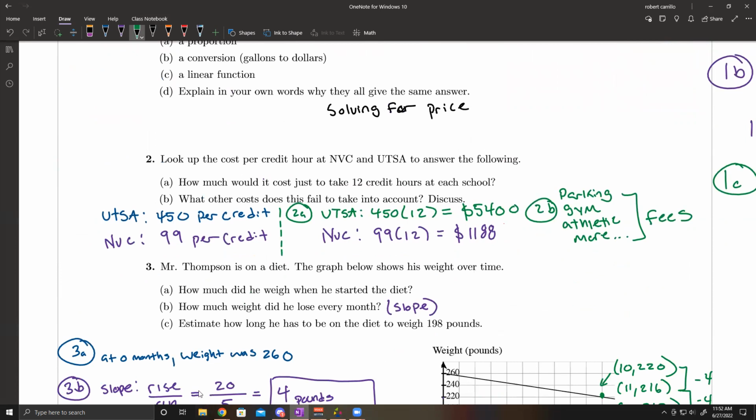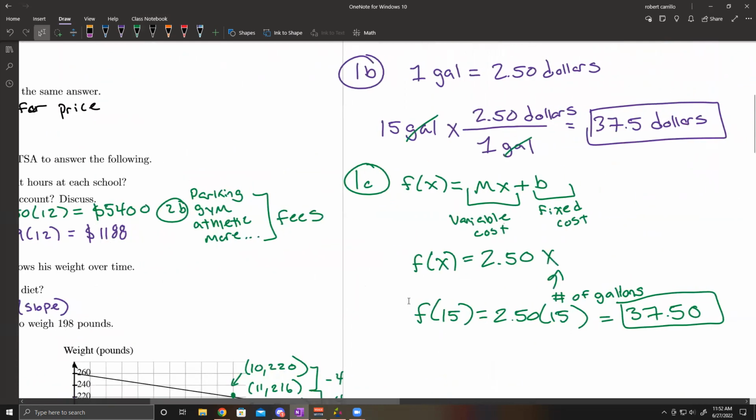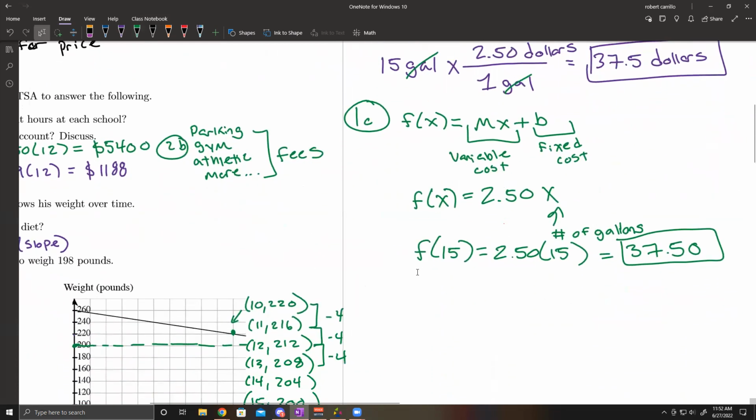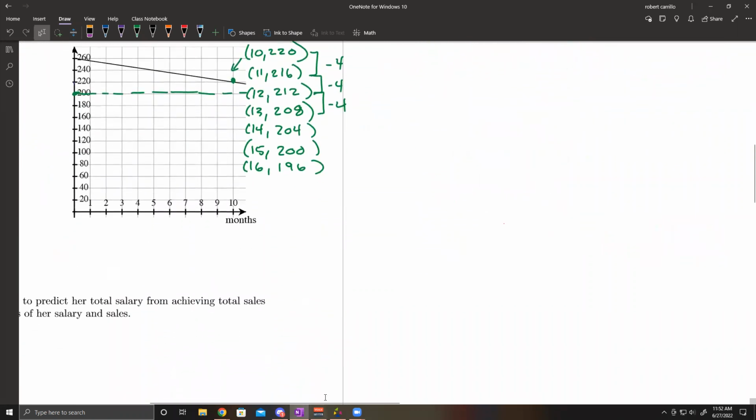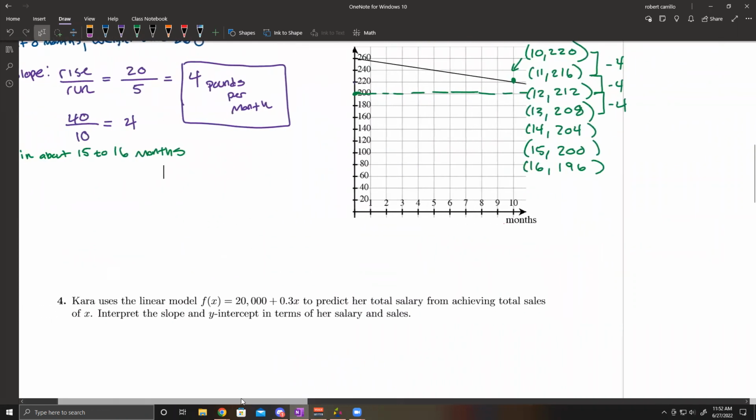So remember that whenever you're given this function notation, mx is your variable cost and b is your fixed cost. So that's what we're going to be using to interpret number 4.